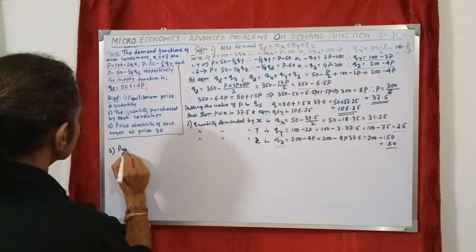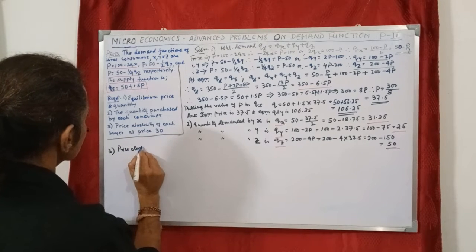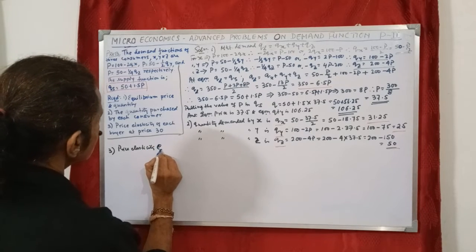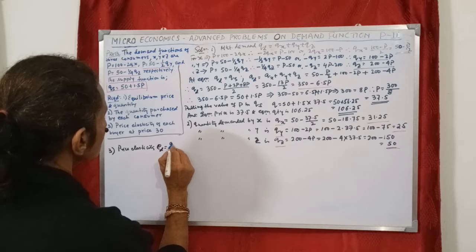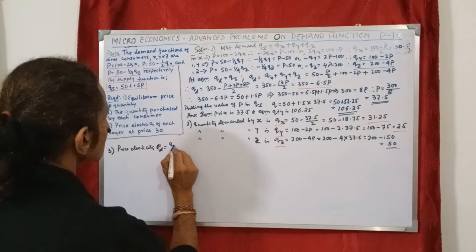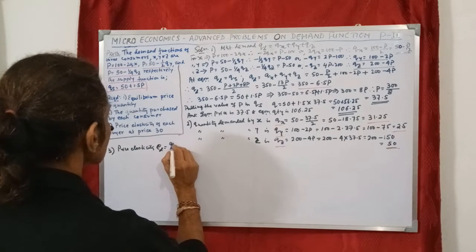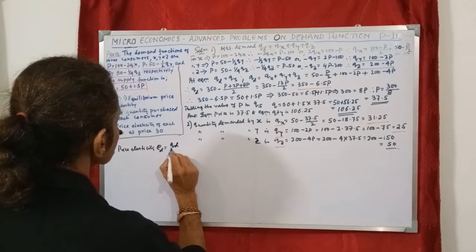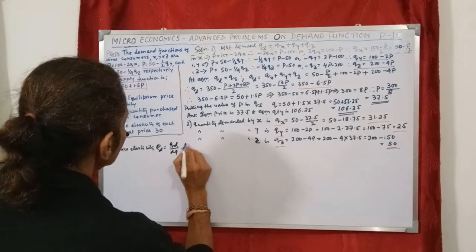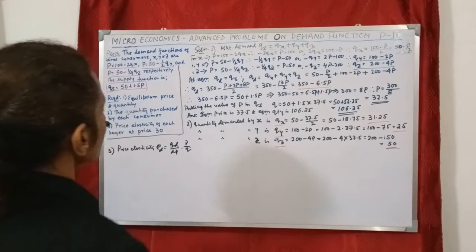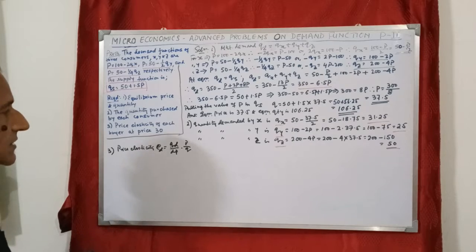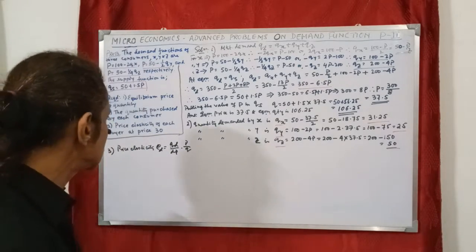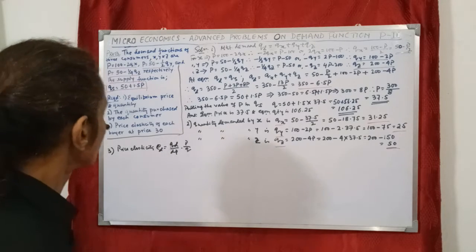Price elasticity ED is equal to dQ/dP into P by Q. This is the formula of price elasticity of demand, and price elasticity is denoted by ED.